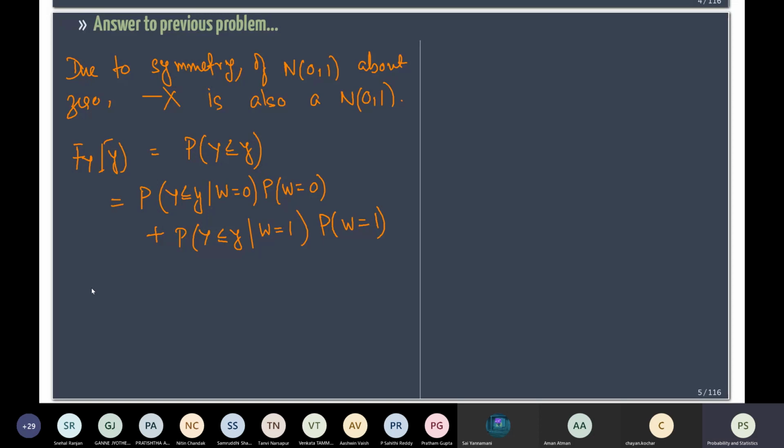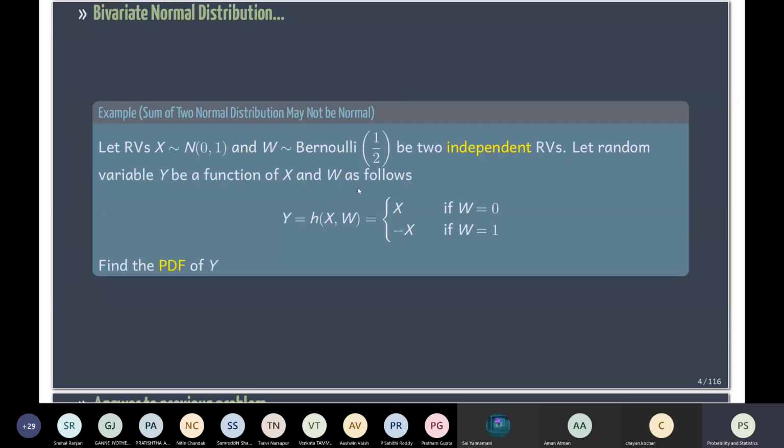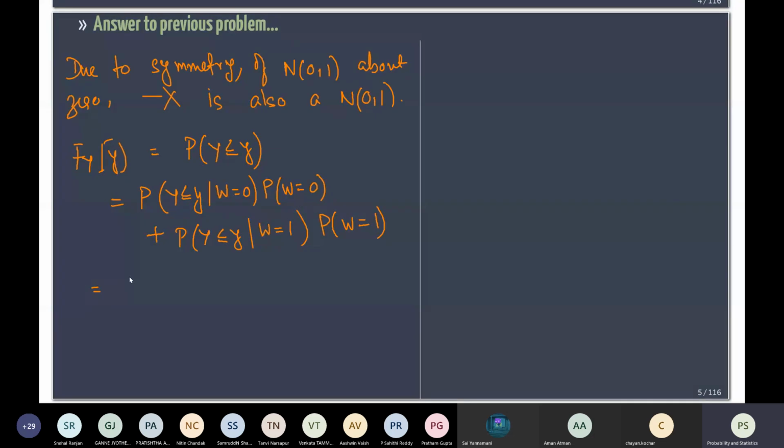The probability that W equals 0, since it's Bernoulli with probability half, will be half. So this will be half the probability that Y is less than or equal to y given W equal to 0, plus half the probability that Y is less than or equal to y given that W equal to 1.